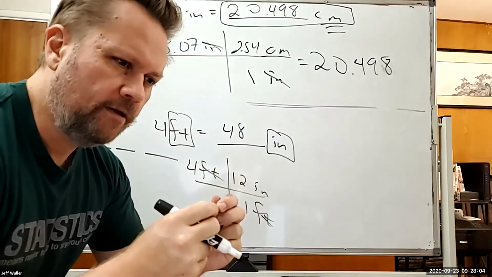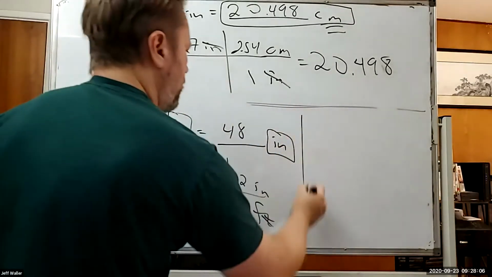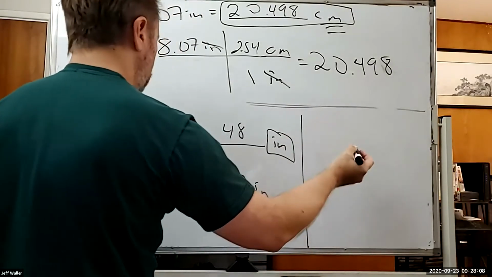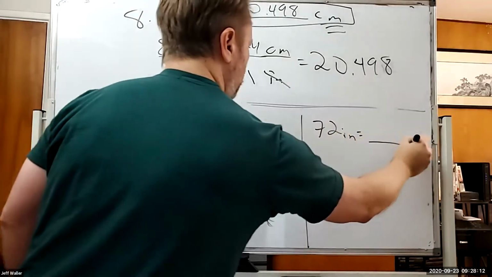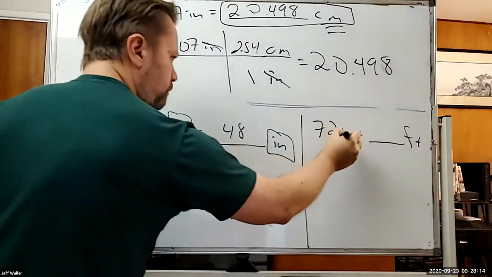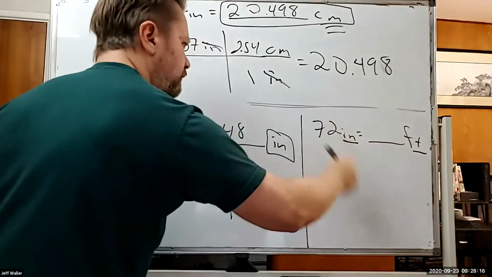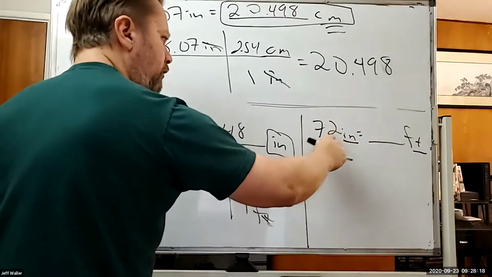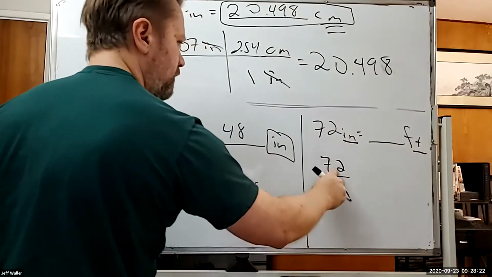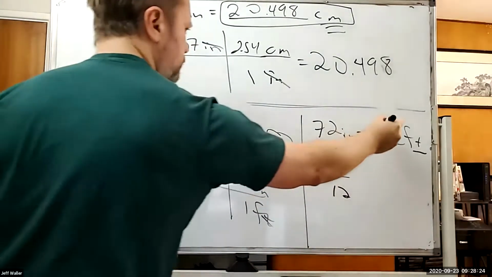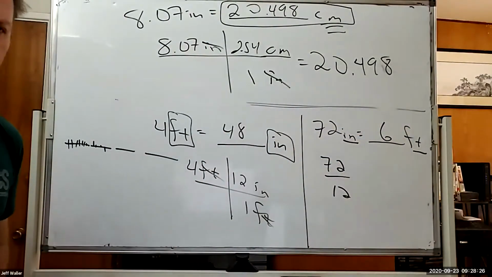And so if I go from a smaller unit, what was it? Oh yeah, 72. That was the problem we did. And I want to go to feet. When I go from a smaller to a bigger unit, I have to divide because it takes 12 of these to make one of those. So I want to see how many 12s are in 72, and that's where we got 6 eventually when Jeff wrote it, right?